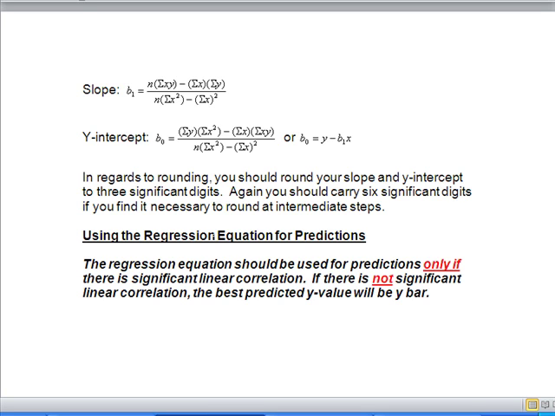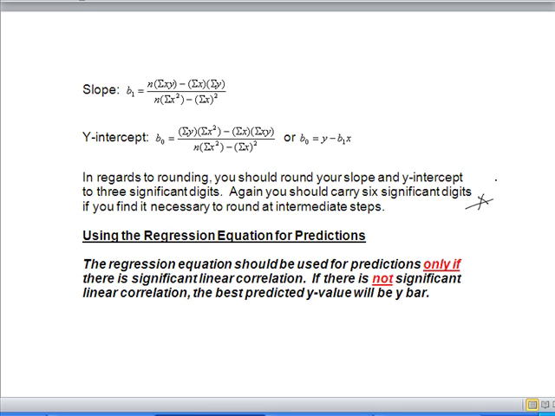Now, when do we use the regression equation for predictions? There are times when we use it and there are times when we don't. So what we want to do is pay attention to whether we have significant linear correlation based on our r value, and check table A6 under the alpha equals 0.05 column.